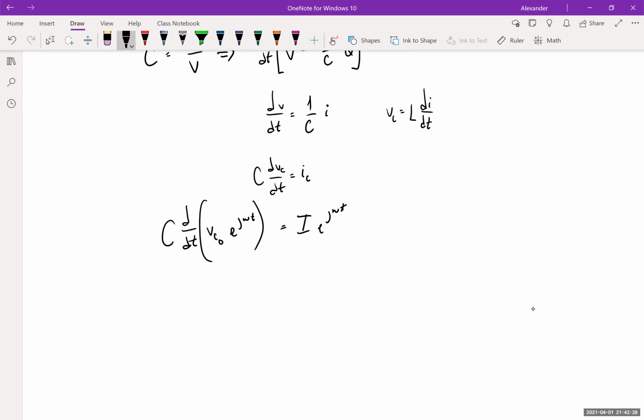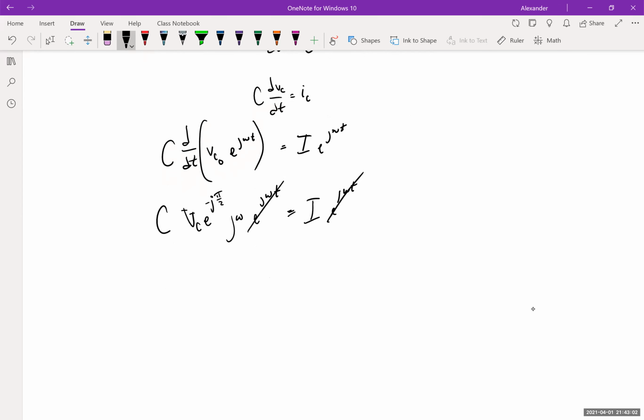But the derivative of that is j omega, right? We're going to get a factor of j omega. V sub C sub 0 was the amplitude times e to the j negative pi over 2, j omega e to the j omega t, I e to the j omega t.